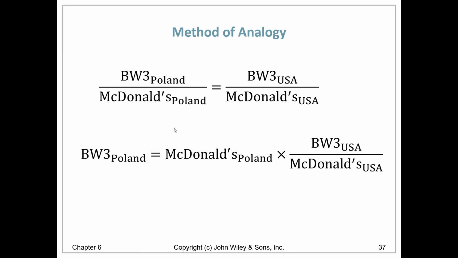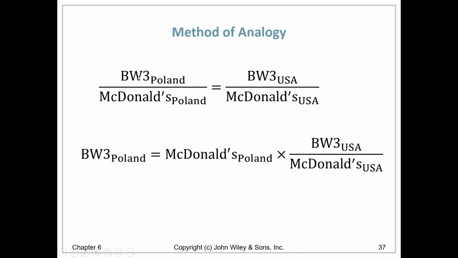So imagine I'm trying to move Buffalo Wild Wings into Poland. And I want to know what my market potential is in Poland. I know, for example, that in the US there's like 10 McDonald's restaurants for every Buffalo Wild Wings. And I think it's going to be similar in Poland. So I think the ratio of Buffalo Wild Wings to McDonald's in Poland is going to be similar to the US.